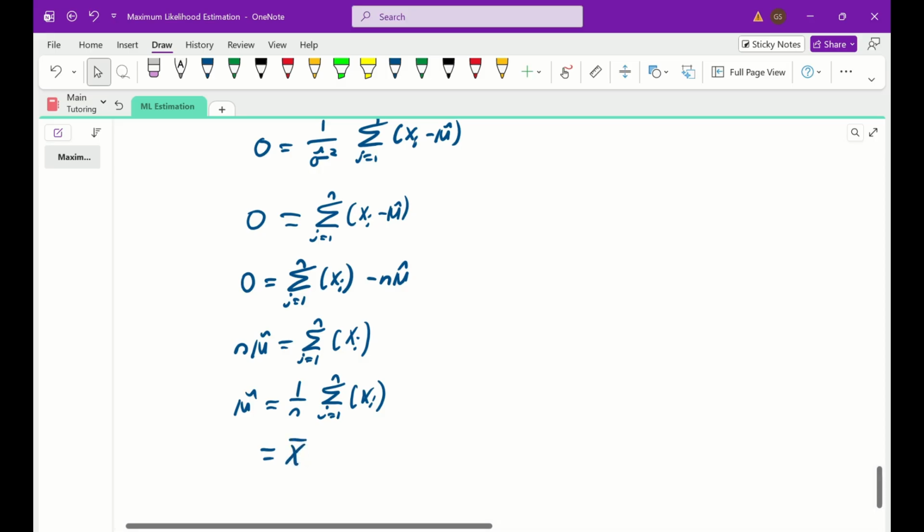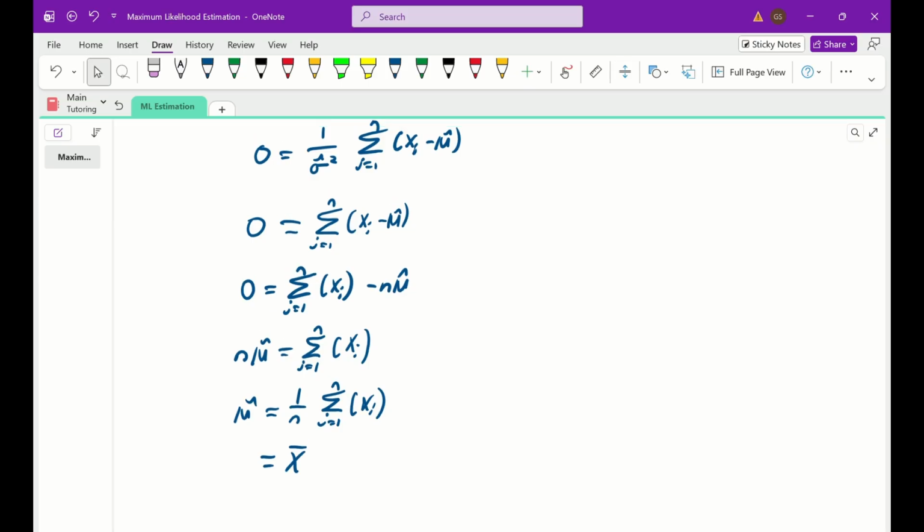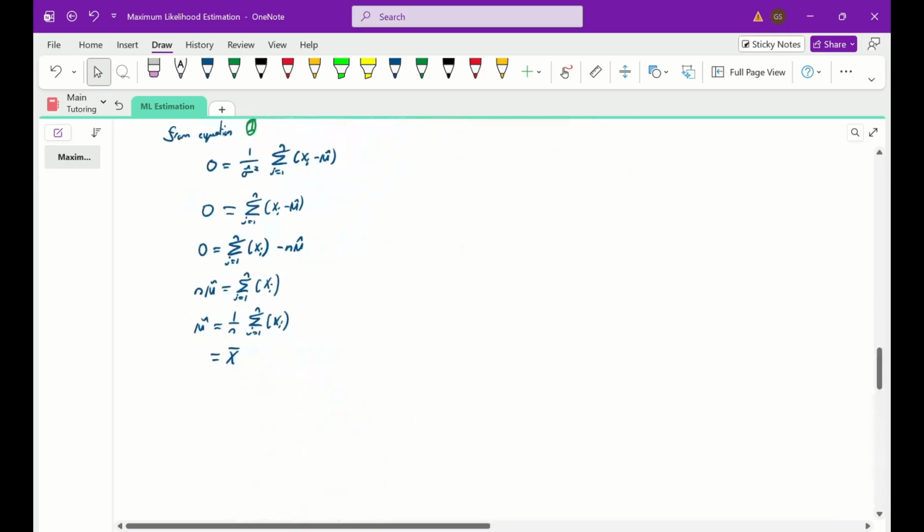So this is quite intuitive, but it is still satisfying to arrive at it mathematically. What we've shown is that your best estimate of the population mean is to take the sample mean. Okay, so good, we've done that.